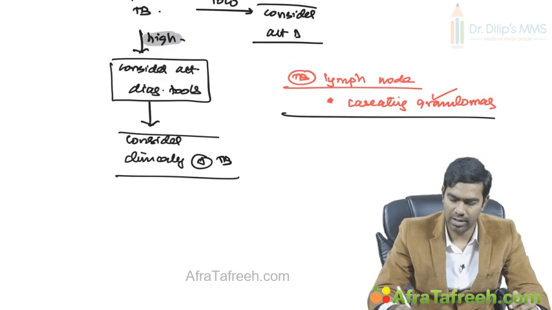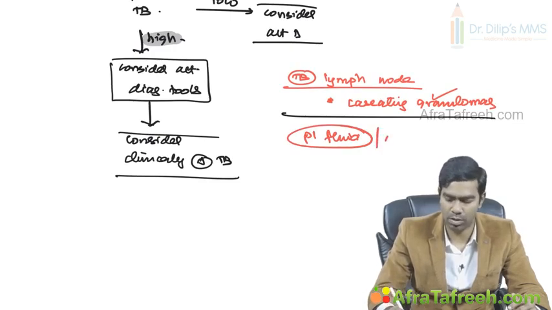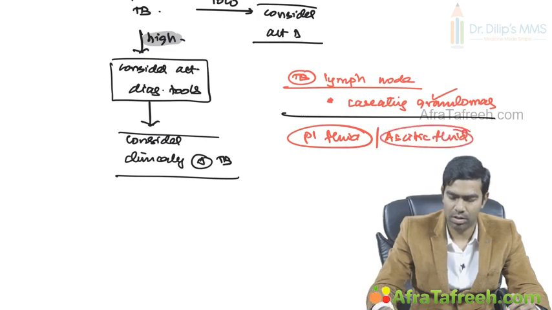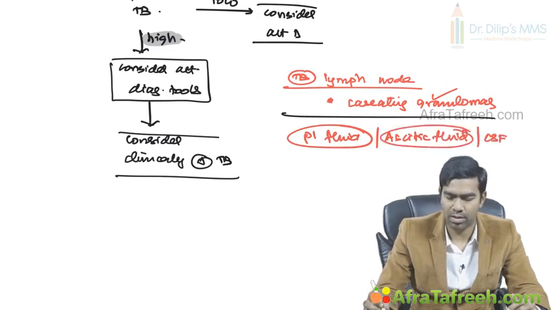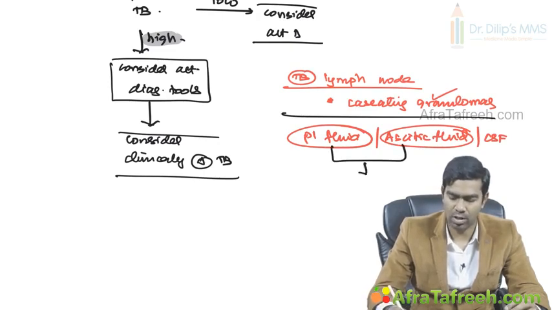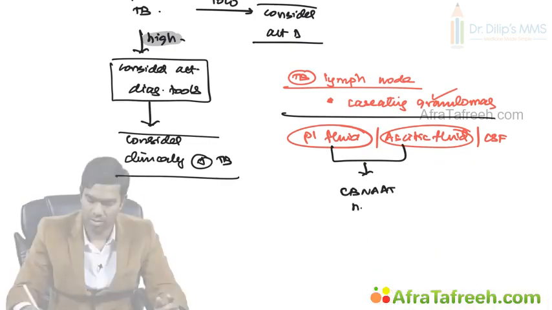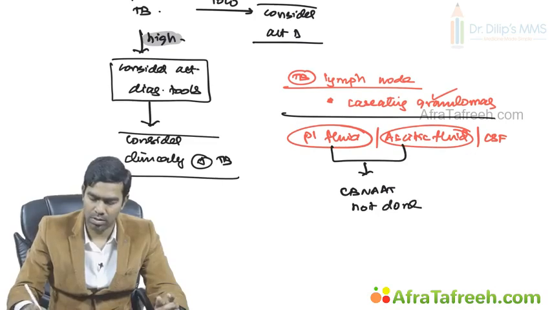Or second area, I am having a pleural fluid. This is a sign of extrapulmonary tuberculosis only. Or I am having an ascitic fluid, or I am having a CSF, where in these two fluids I cannot do a GeneXpert. Usually GeneXpert is not done, CBNAAT is not done. Plus tissue is not available.